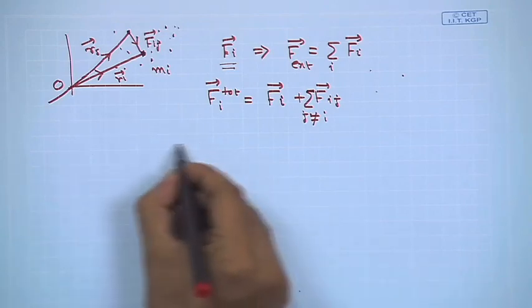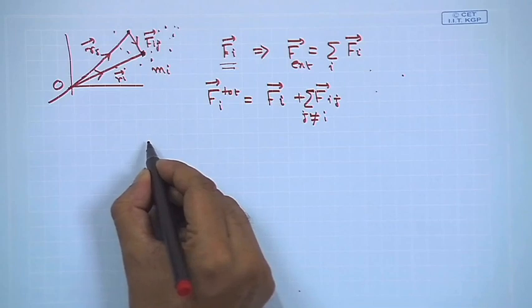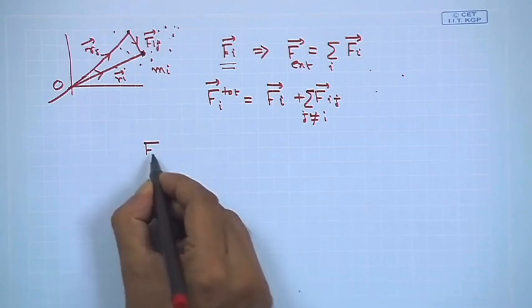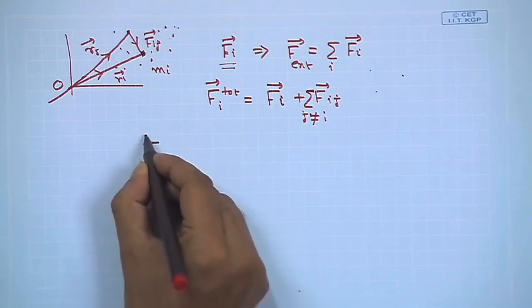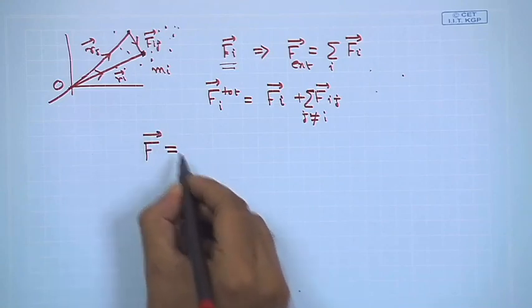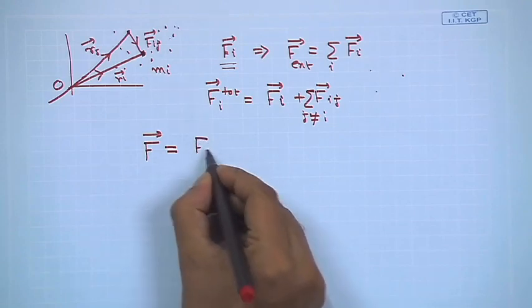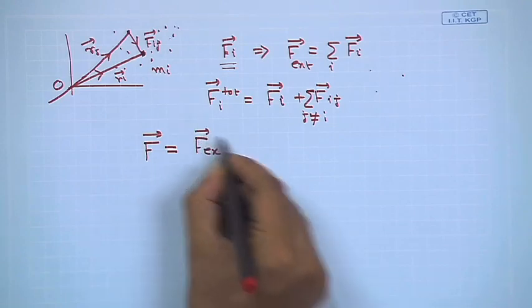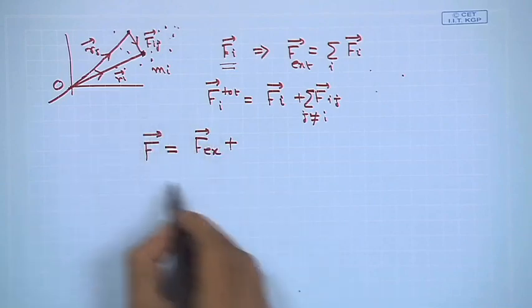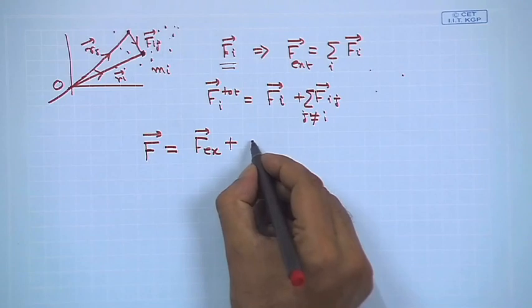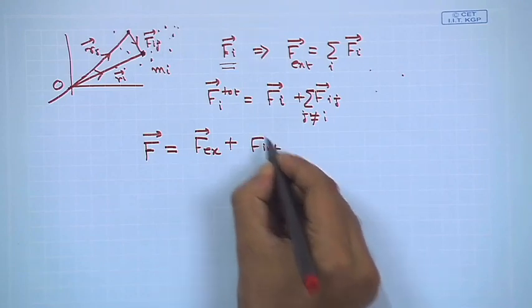So, if I try to find out the total force on this system, which is given by F, that will have two parts. One is F external. I am talking about a system of particles now. Please understand that there are no indices here, plus F internal.